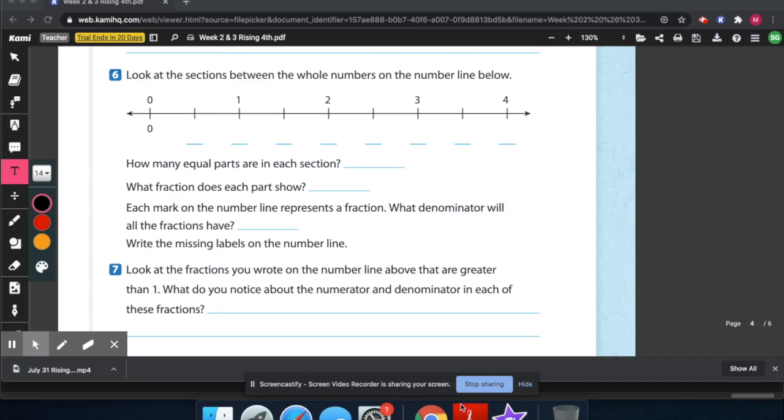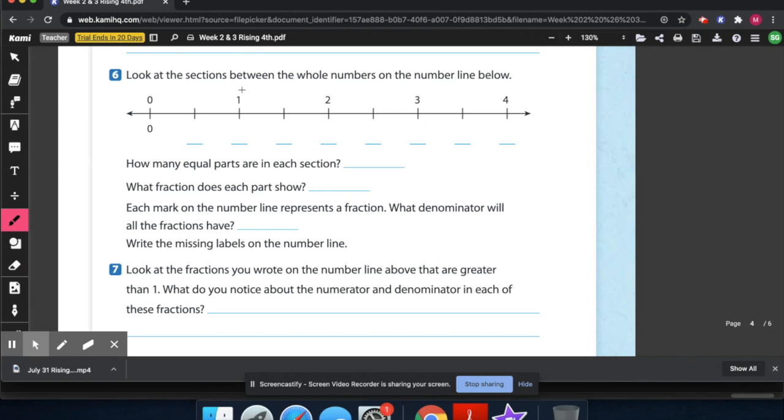Now we're going to look at this number line, and if you notice, there are more than just one whole number. So I'm going to underline each whole number that is listed so we don't lose track. And we need to figure out the fractions that are going to be in between all these. So remember when I said we need to figure out every single equal part? Yes, we will be doing the exact same thing, except you need to see how many equal parts are in each whole.